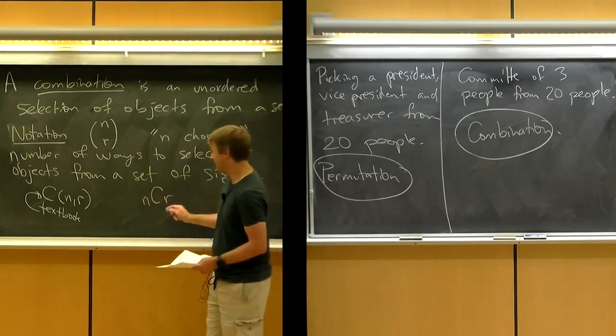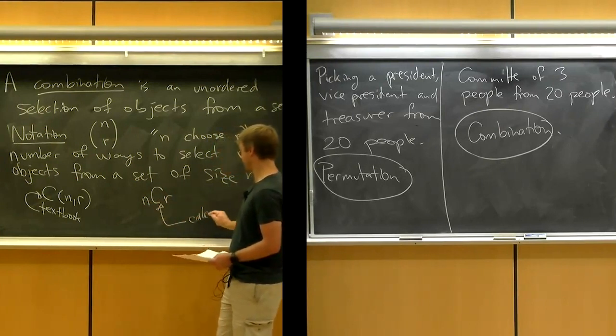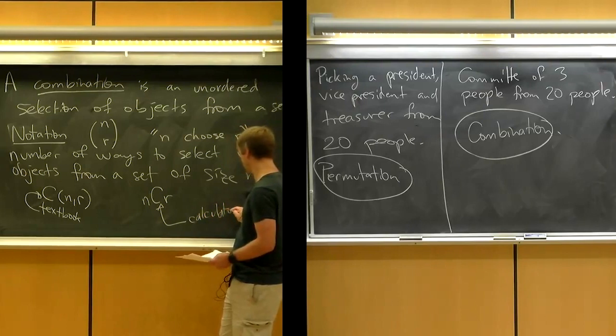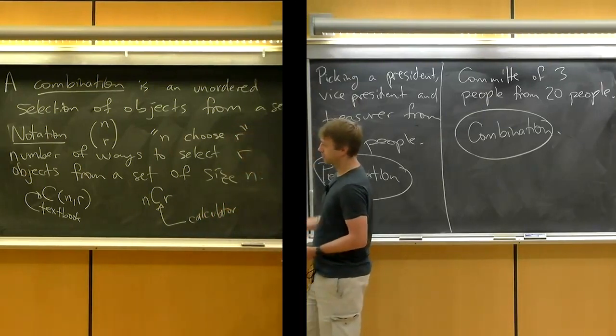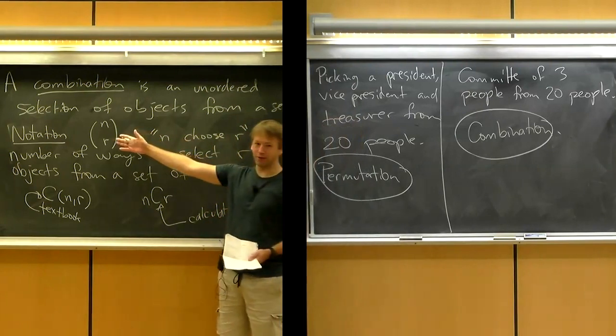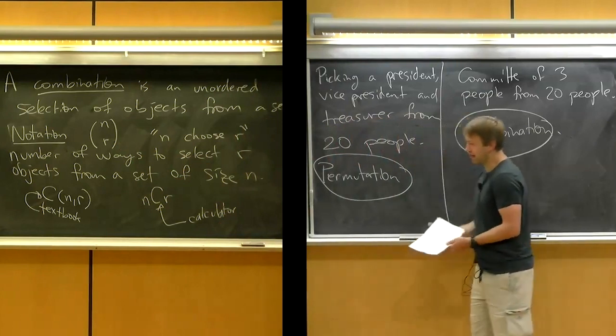And then your calculator uses nCr like this. But often when I write things on the board, I'll probably write it like this. So these all mean the same thing.